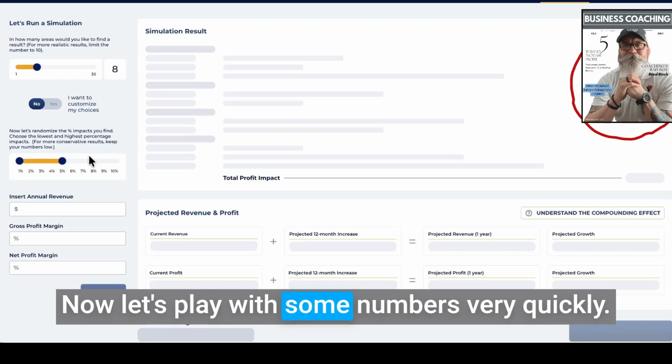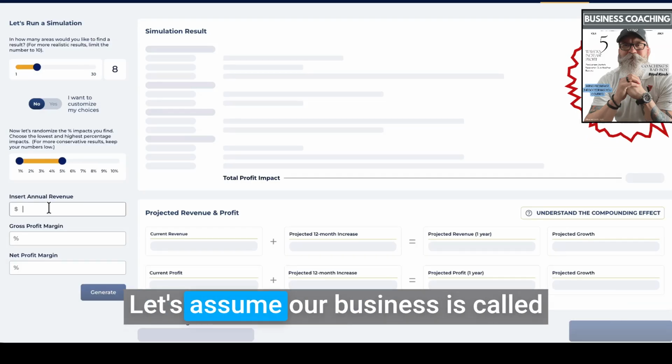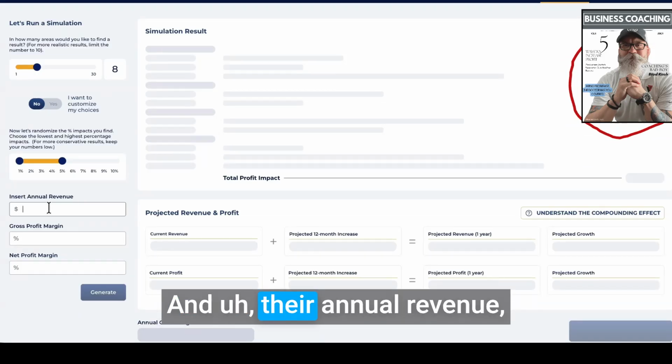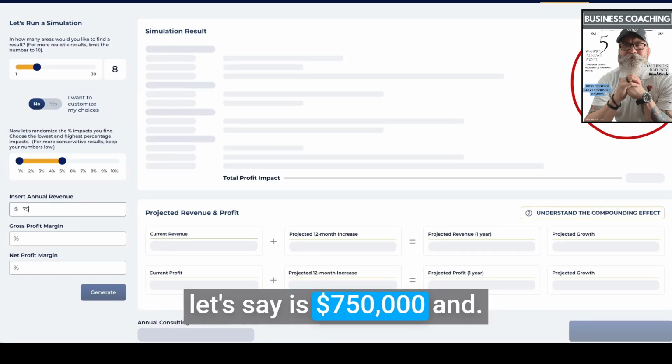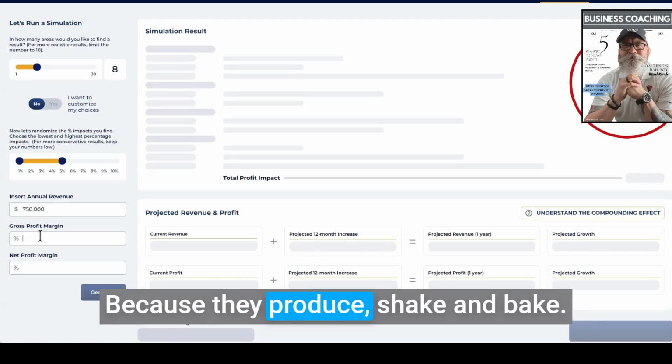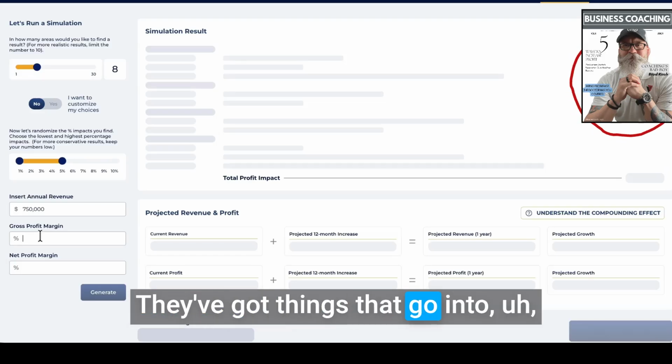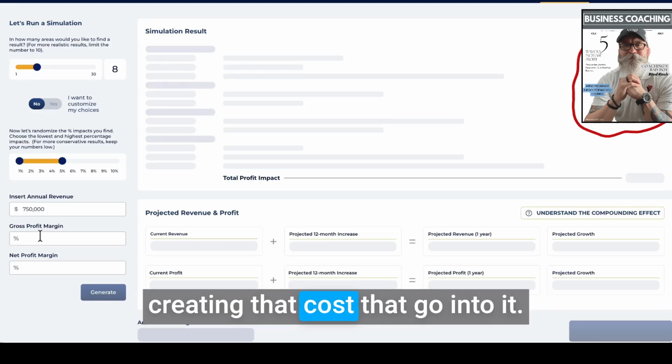Now, let's play with some numbers very quickly. Let's assume our business is called Ricky Bobby's Shake and Bake. And their annual revenue, let's say, is $750,000. And because they produce shake and bake, it's a physical product, they've got things that go into creating that, costs that go into it.